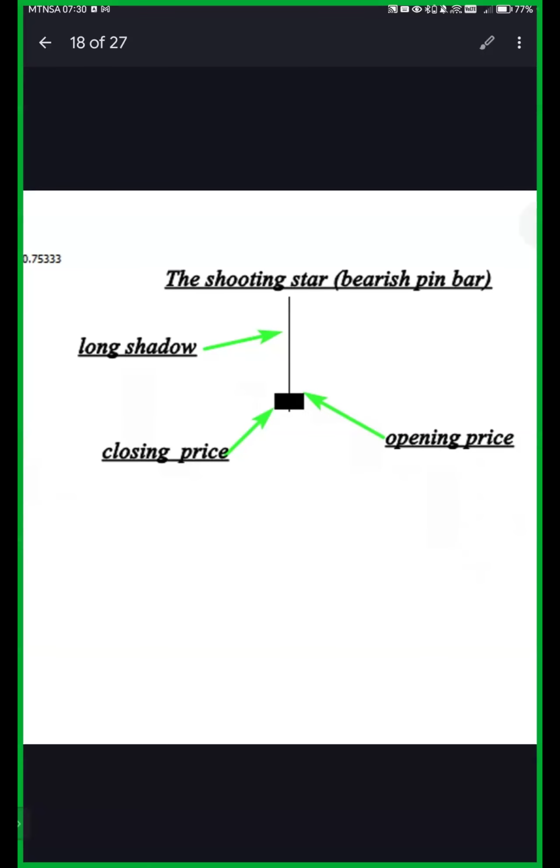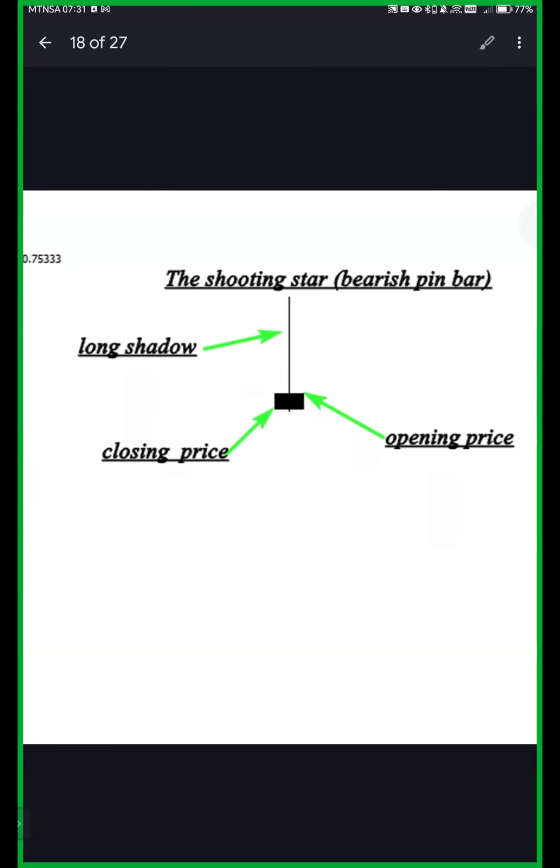Yeah, I have been experiencing that. Most of the students that I have been training always confuse the shooting star and the morning star, simply because there is the word star at the end. So the shooting star is not the opposite version of the morning star. The morning goes with the evening. The shooting goes with the hammer, or the bearish pin bar.